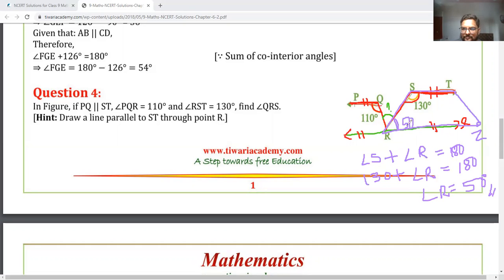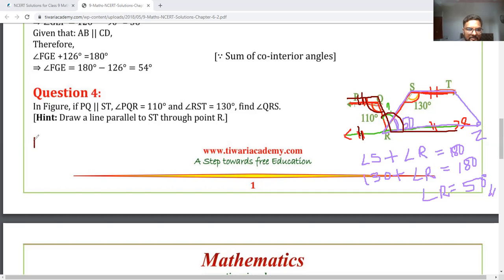Now what will we do? Looking at the figure, we take another color, and I'll start from here, P, Q, R, and Z. Since these lines are parallel to each other, we can say PQR, that is 110 degree, is equal to QRZ, using the alternate interior angle.